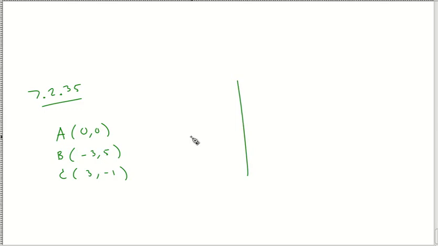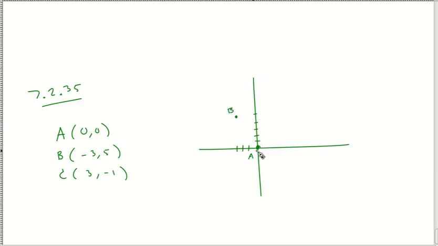All right, well, here we go. Let's start drawing something. Okay, so 0, 0, that's going to be my A. And then I've got negative 3, 5. There we go. There's my B. And then 3, negative 1. And this is my C.